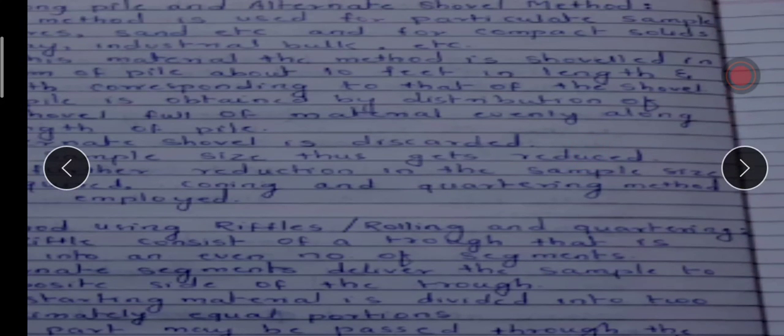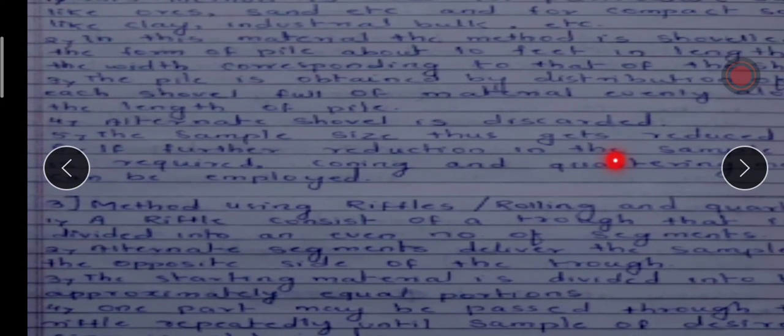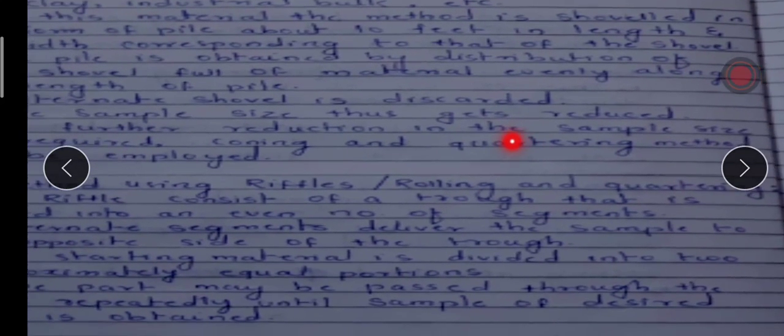This method is used for particulate samples like ores, sand, etc., and for compact solids like clays, industrial bulk, etc. The material is formed into a pile about 10 feet in length, with the width corresponding to that of the shovel.